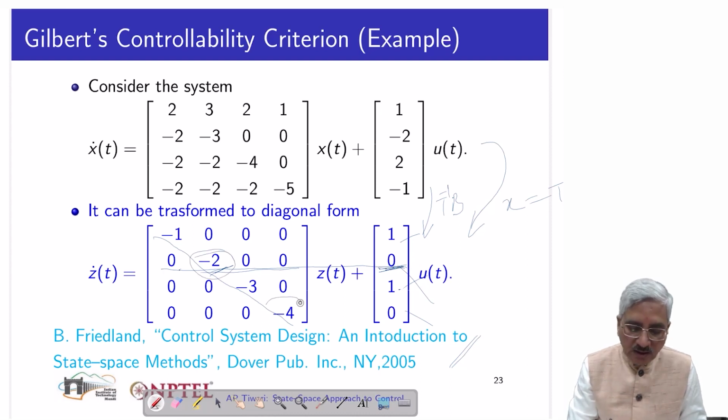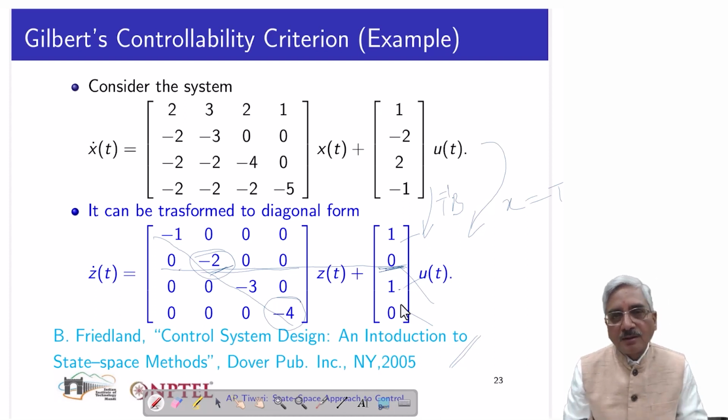For the same reason, this eigenvalue -4 is also uncontrollable, and so this system is uncontrollable because of two uncontrollable eigenvalues. The controllable subspace here will be of dimension 2, and if it is decomposed into controllable and uncontrollable parts, the controllable system will be of order 2, and the uncontrollable system will also be of order 2.